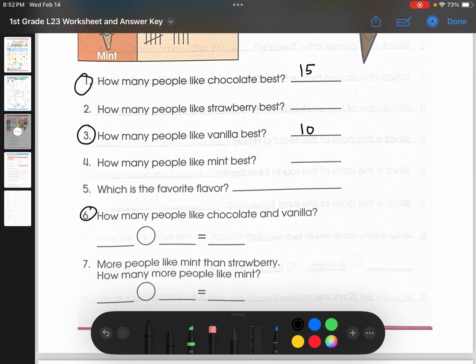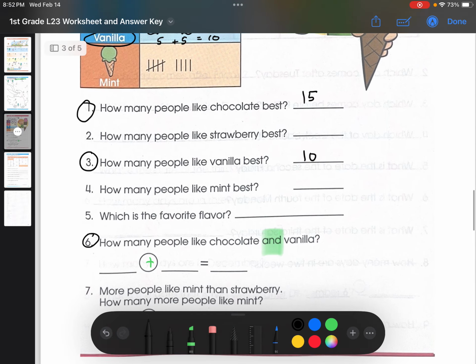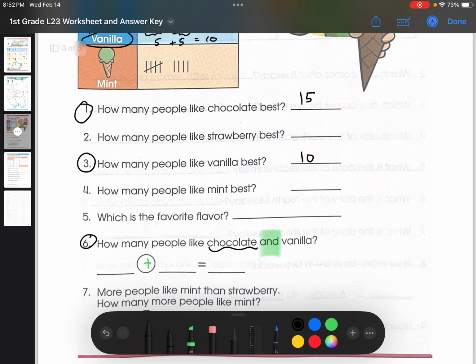Let's do number 6 too. How many people like chocolate and vanilla? So this is an and question, which means that we are adding. So chocolate we set up here that it was 15. So 15 would be our first number. And then for vanilla, we said right here that it was 10.